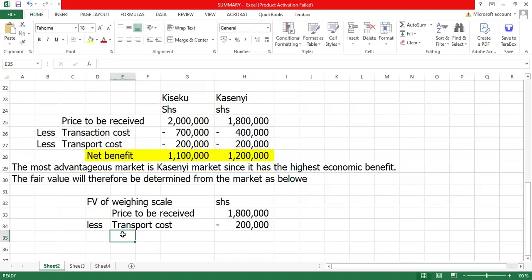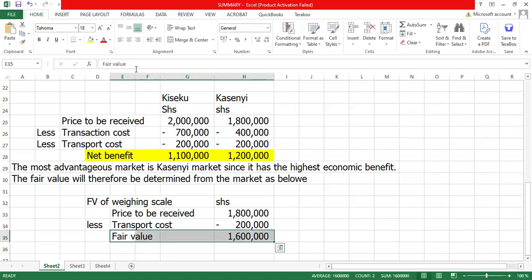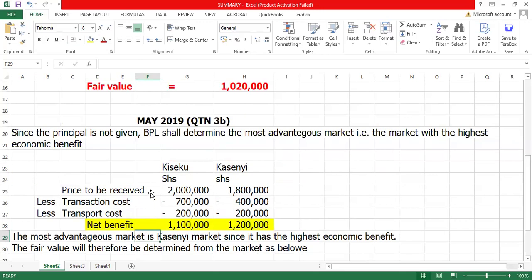Then overall, what will be our fair value? The fair value, you subtract this minus 200, which is 1.6. That will be our fair value. Okay, and you have your marks.